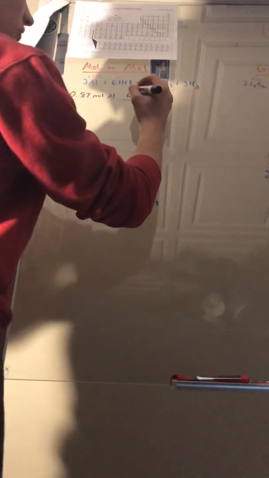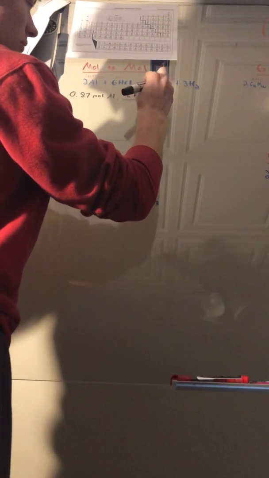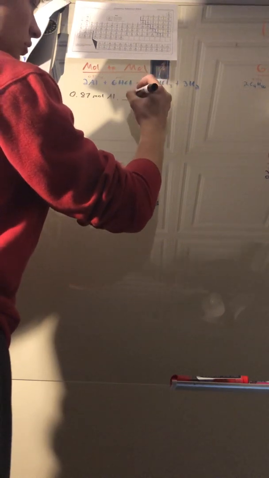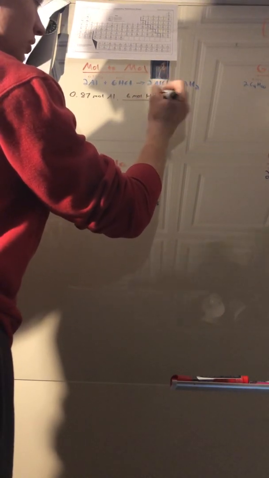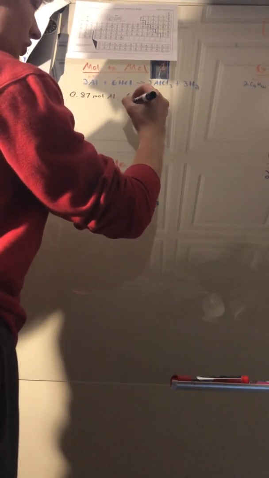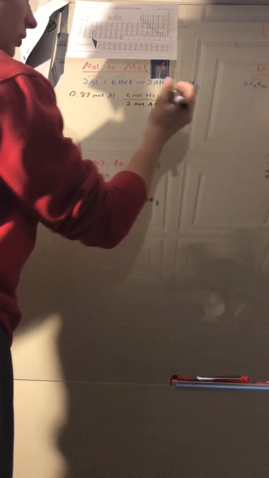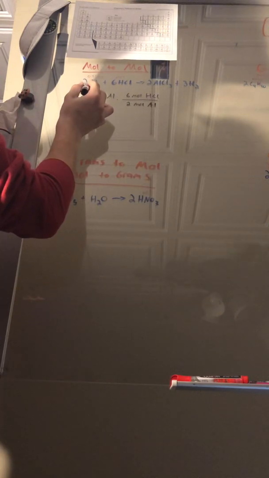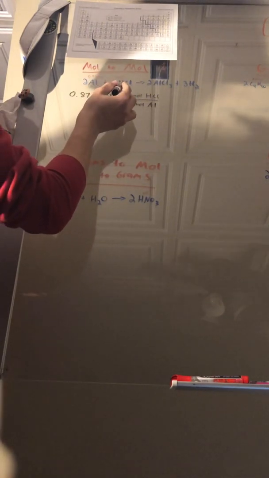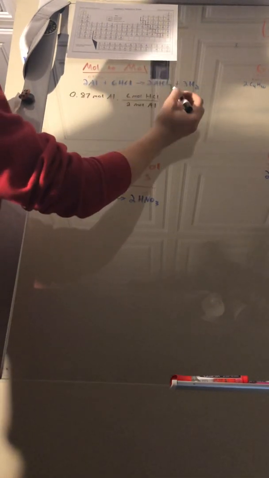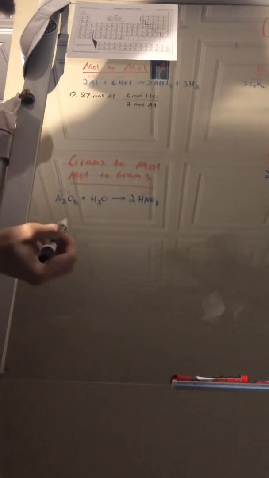You know by now, a mole is just a unit for counting. So you have 6 mole HCl for every 2 mole of aluminum. Makes sense in the equation. This balanced equation needs 2 moles of aluminum and 6 moles of hydrochloric acid, okay?